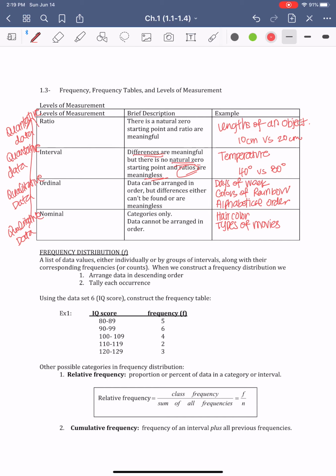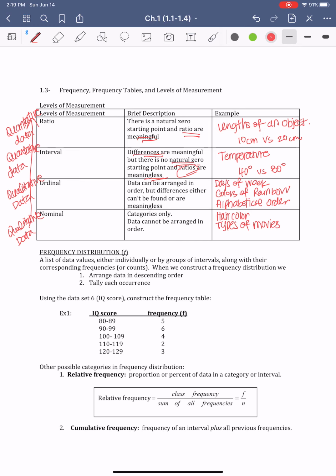But you could also say the 20 centimeter object is twice as long as the 10 centimeter one. So that's what it means by ratios are meaningful. You can definitely say the 20 centimeter object is twice as long as 10 centimeters. So there are the examples for nominal, ordinal, interval, and ratio.